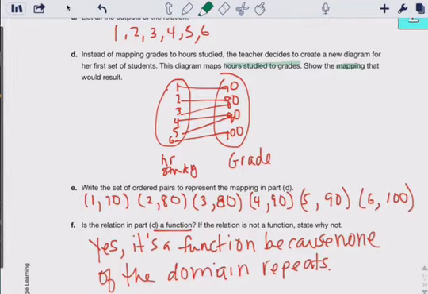None of the input. In this case, they use the word input. Remember, it means the same thing. So, here are all your x's right there. None of them repeats. Therefore, it's a function.